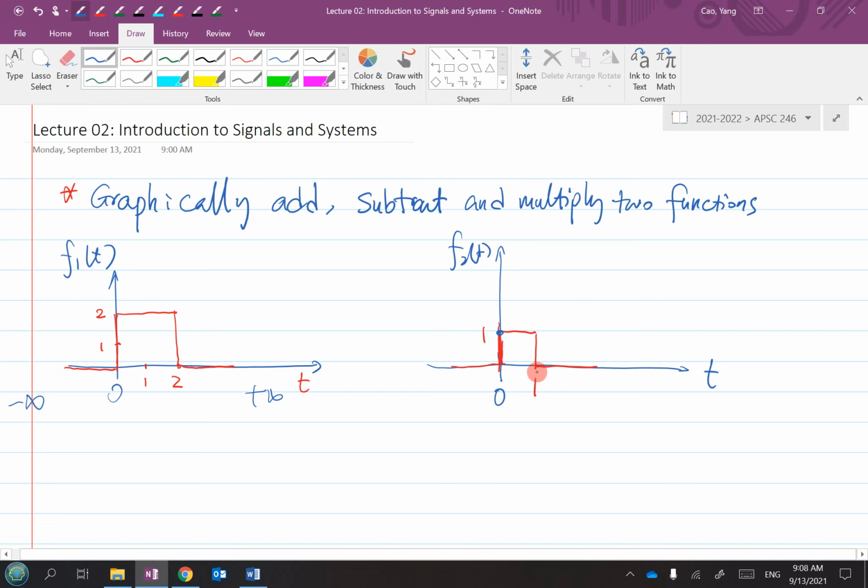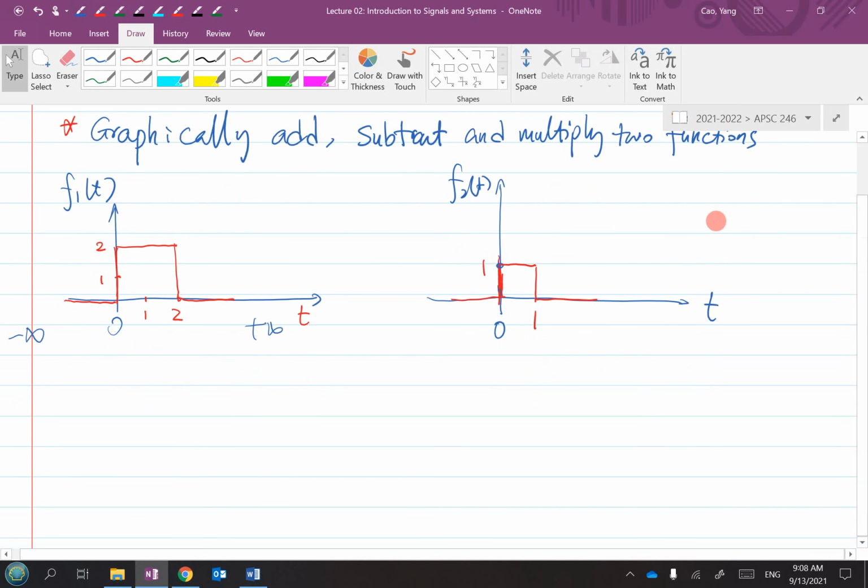And it only lasts for 1 second, or if this is seconds. Right? And it stays constant at 1, and then comes back to 0, for f2 of t. Okay? So that's basically what f1 of t and f2 of t are when you see these kinds of rectangle boxes. Good? Okay.